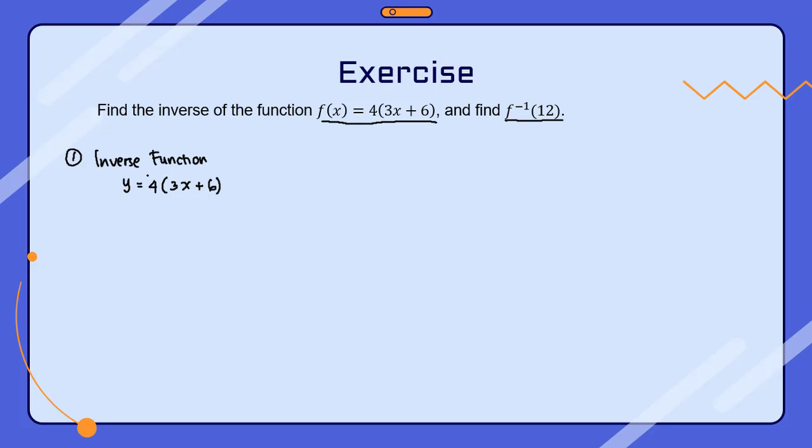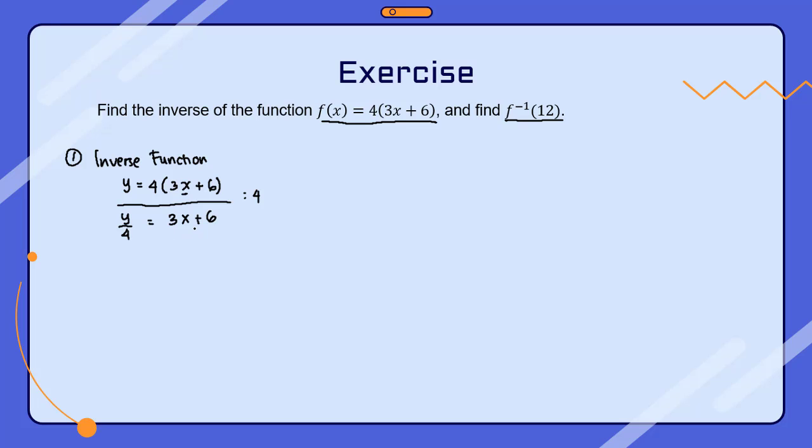To find the inverse of the function, that means we have to find the value of x, right? Then we just need to change the form into x is equal to. It's super easy. We just need to divide all sides by 4 first, because the inverse of multiplication is division. So y out of 4 is equal to 3x plus 6.